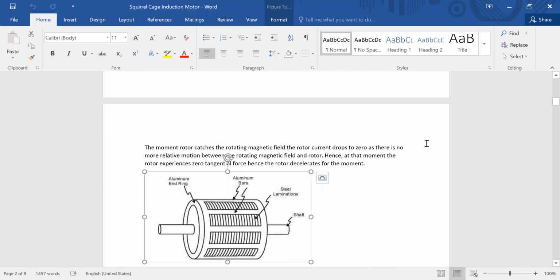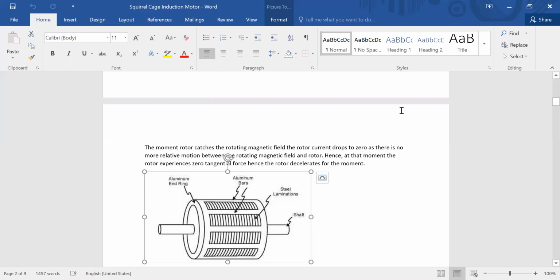Whatever the movement, when the rotor catches up with the rotating magnetic field, the rotor current drops to zero, as there is no motion between the magnetic field and the rotor. At that moment the rotor experiences zero tangential force, so then what will happen? The rotor decelerates.